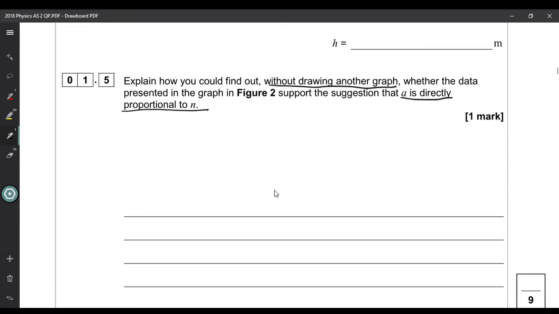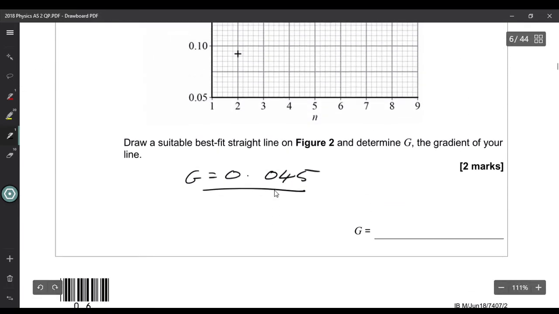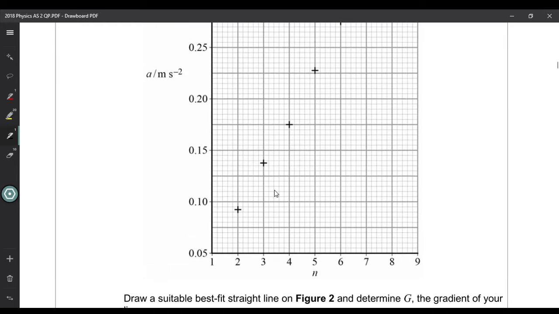that's not the case. Now we can see in the graph, if we just have a quick look at the graph again, that the graph here doesn't go to 0, 0. We've got n as 1 and a as 0.05.